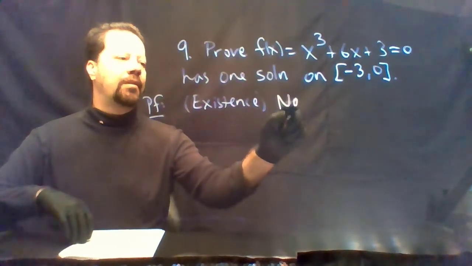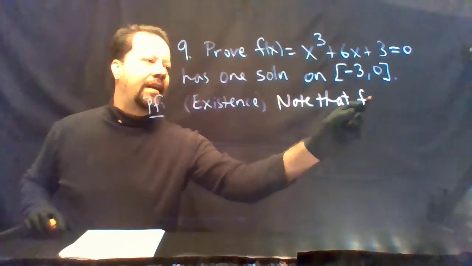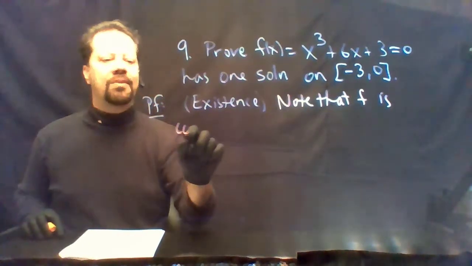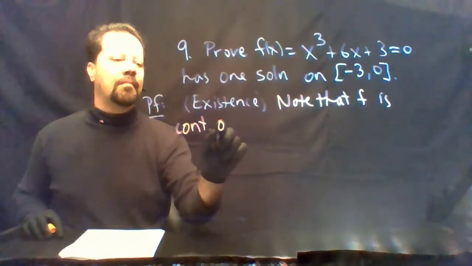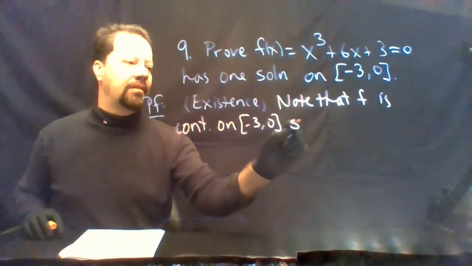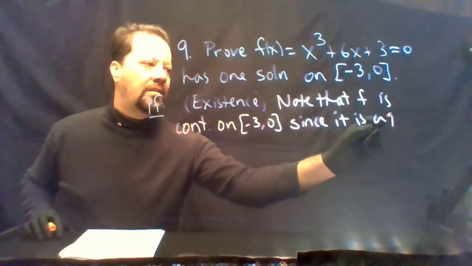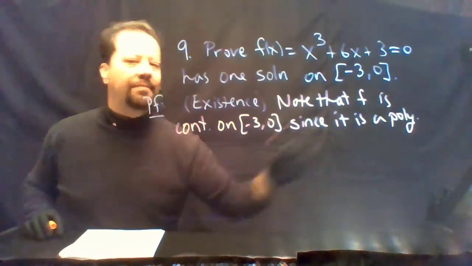First, note that f is continuous on the interval -3 to 0 since it is a polynomial.